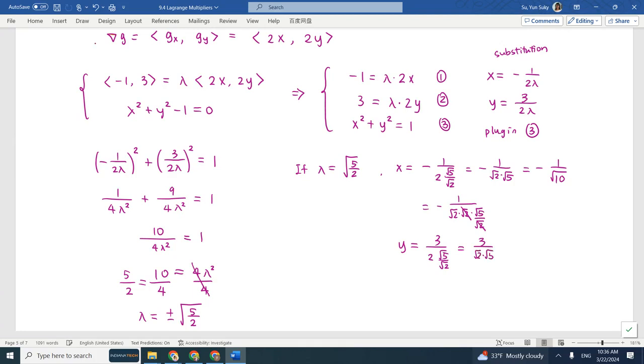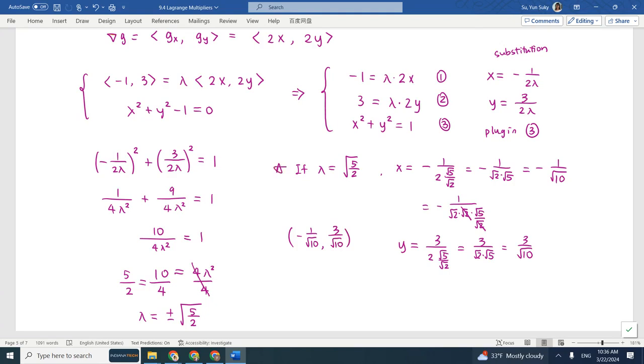So you get a square root of 2 and square root of 5 in the denominator. Yes, everybody? And what is square root of 2 times square root of 5? 10. So x is negative 1 over root 10, and y is positive 3 over root 10.